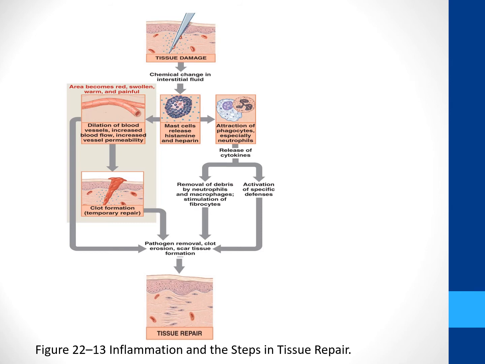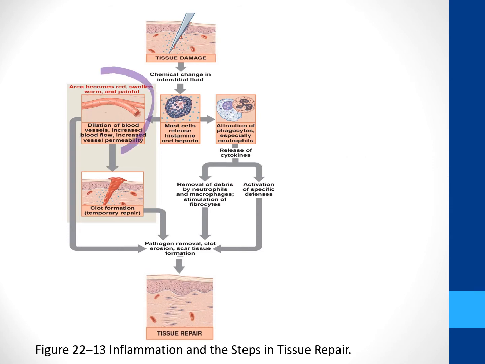So here's the inflammation and the steps in tissue repair. Up at the top, we've got tissue damage, and that's going to lead to chemical changes in the interstitial fluid, which is going to activate mast cells. Mast cells are going to release histamine and heparin.